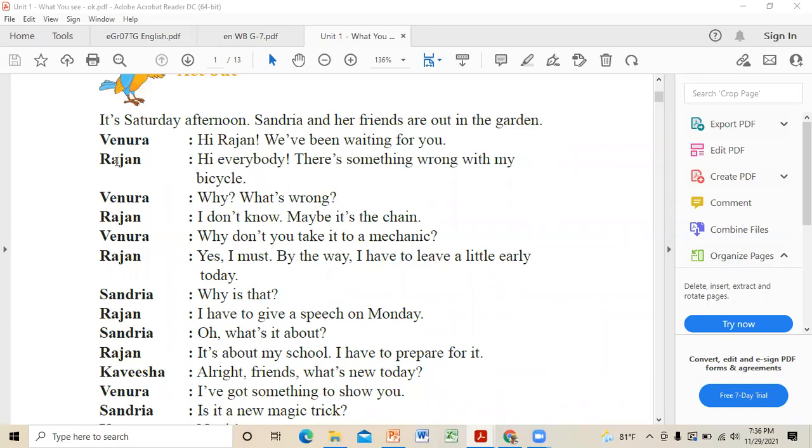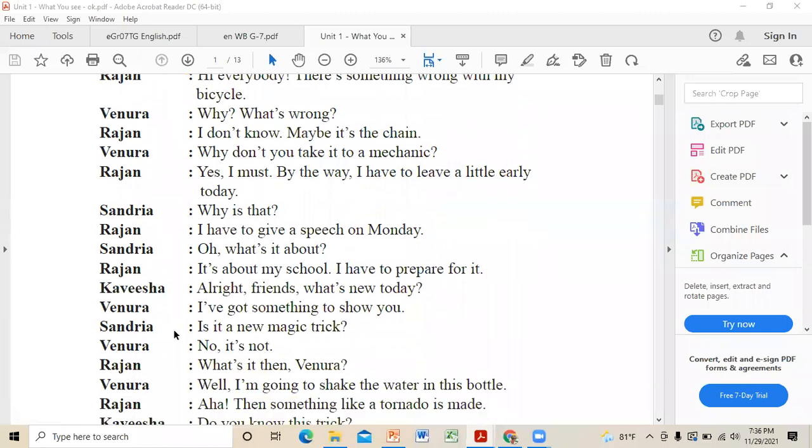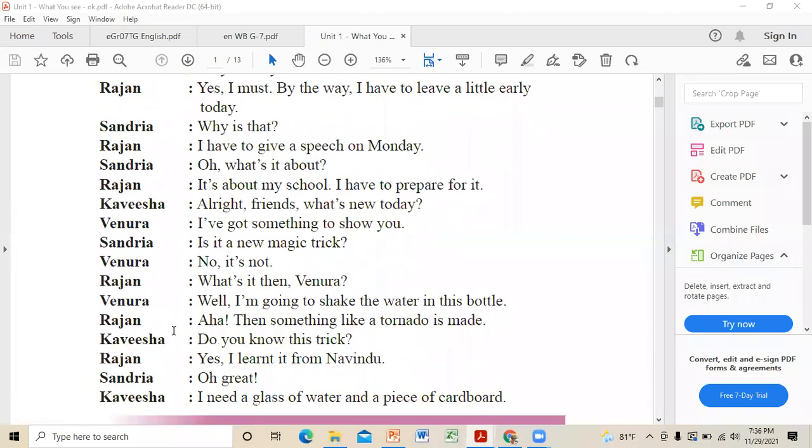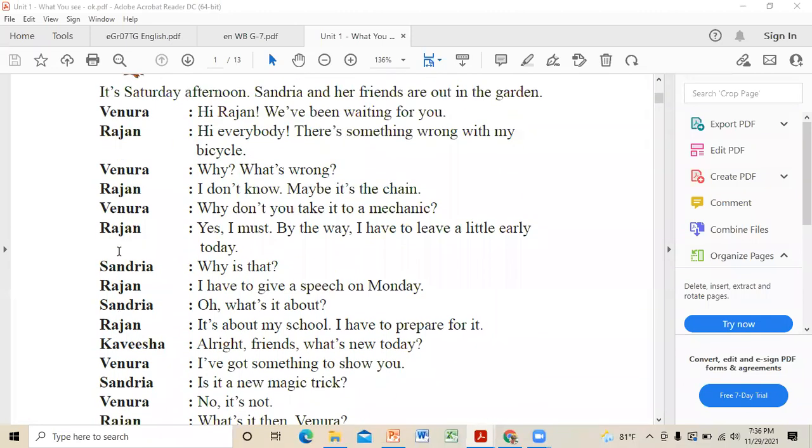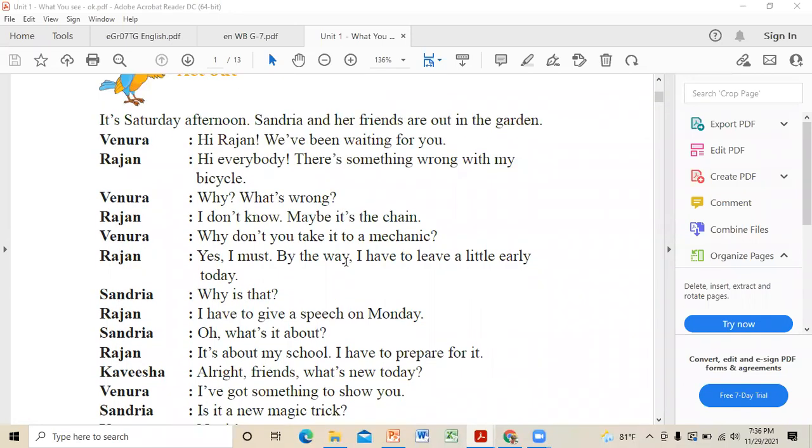One is Venura, one is Rajan, one is Sandria, and then Kavisha, right? So I would like 4 of you to read it later, right? So I will just read a few sentences. I will not be reading everything, but I will read a few, right?